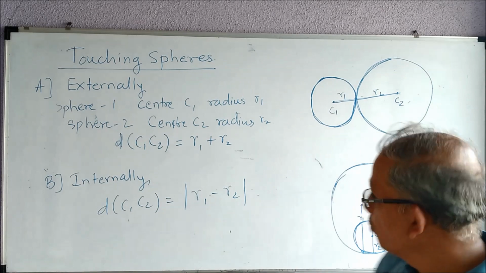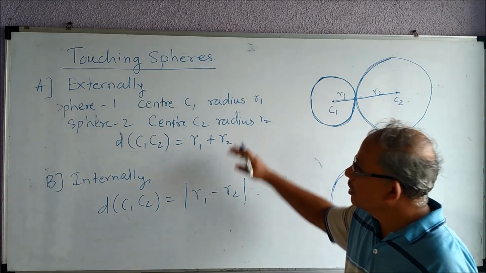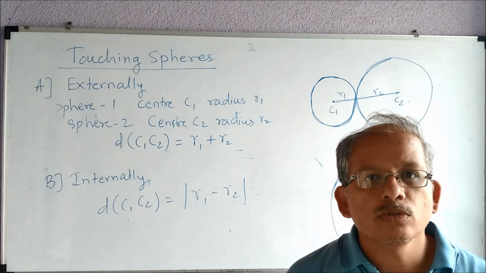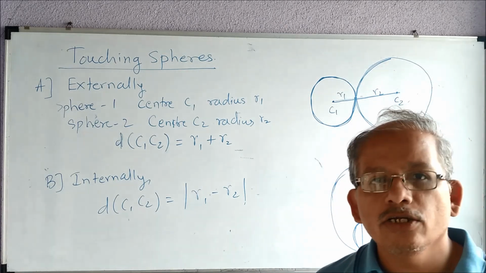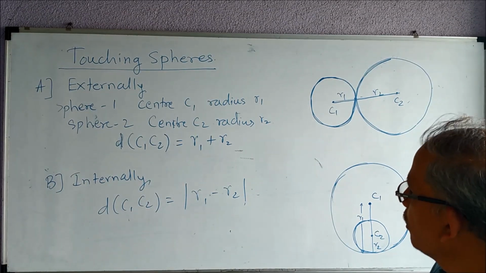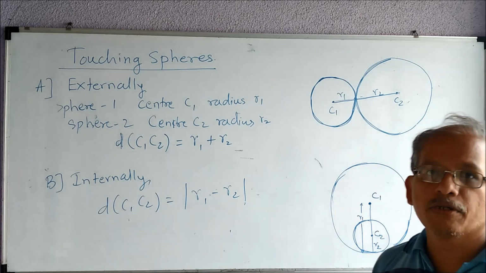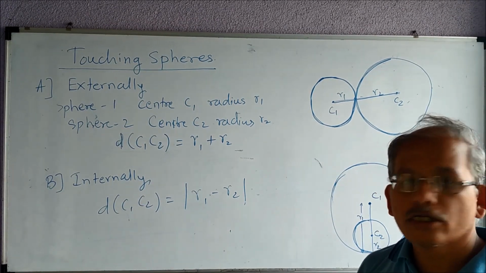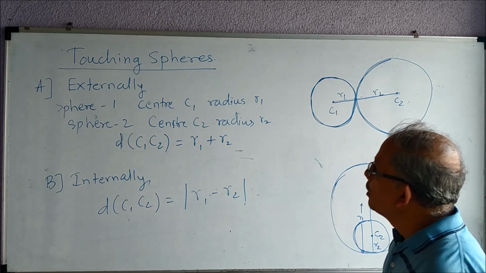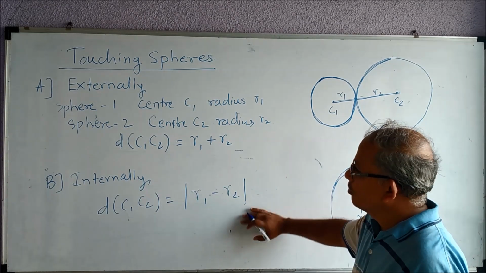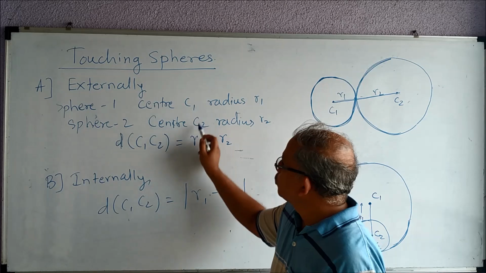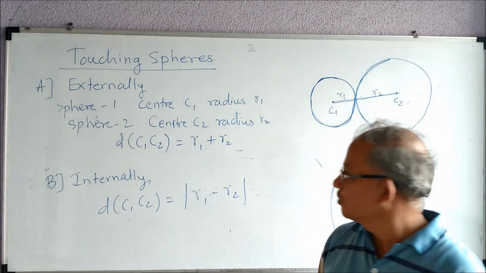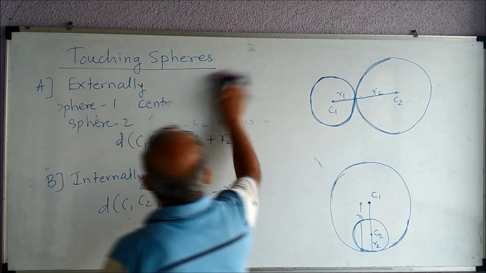So by using these two conditions, you can easily determine whether the two spheres are touching externally or internally. Please note this: C1 and C2 are the centers of the two spheres. Let us take one example where we can find out whether they are touching internally or externally.